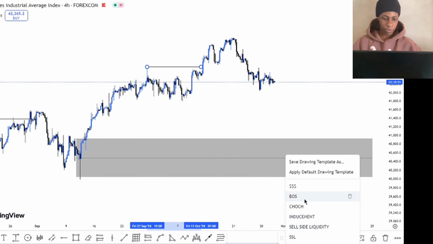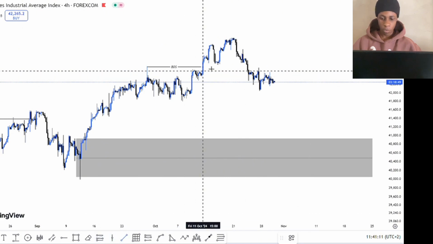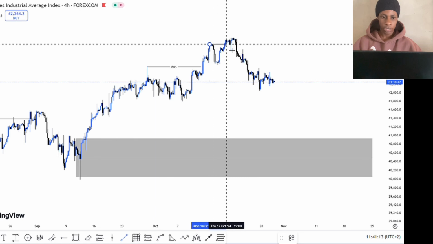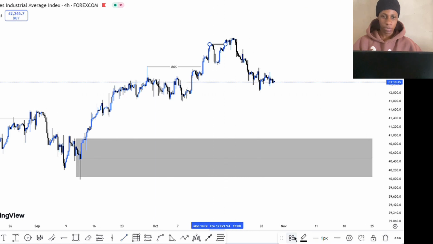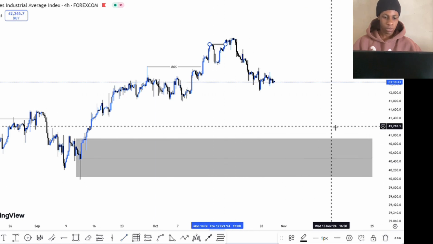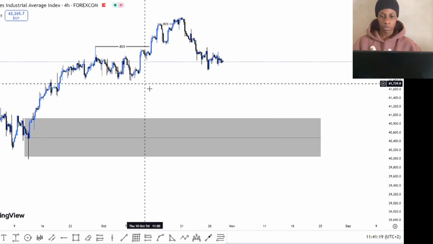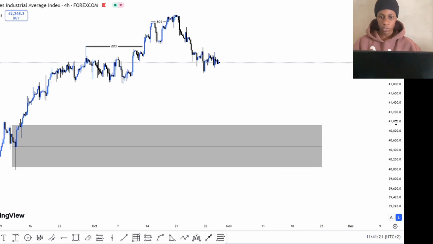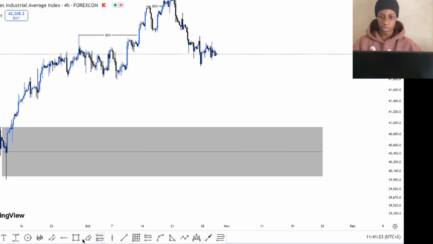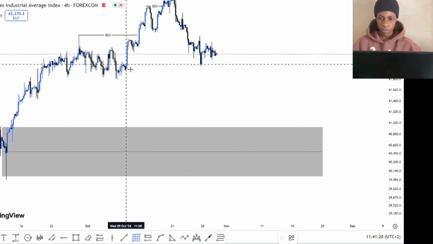The last one we had to the top side was this at the top right here. So the origin which caused this break of structure is this zone right here.